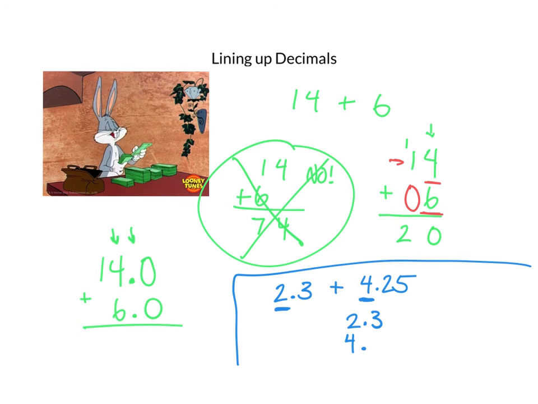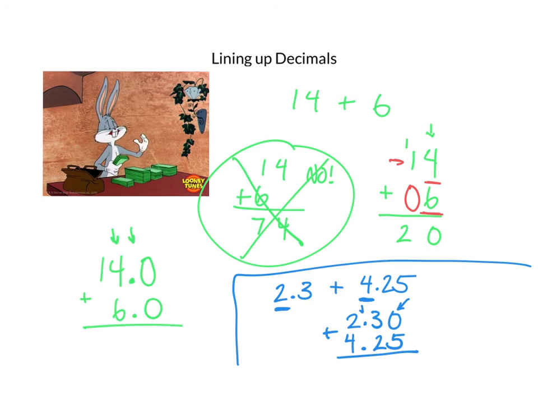So I'm going to do the 4, the decimal point, the 2, and the 5, and I'm adding these. So there's a blank space here behind the 3. I can annex a 0 there so that I have an equal number of digits in both of my numbers. Okay, so if we look here, the decimal points are lined up.